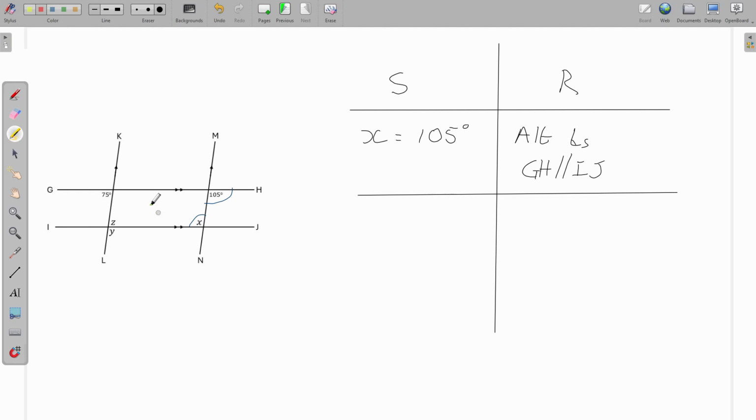Next up, with Z, would you agree it's the corner of a nice Z, which is appropriate, the arms of it being parallel, GH parallel to IJ. So we can say that Z is the alternate of 75.